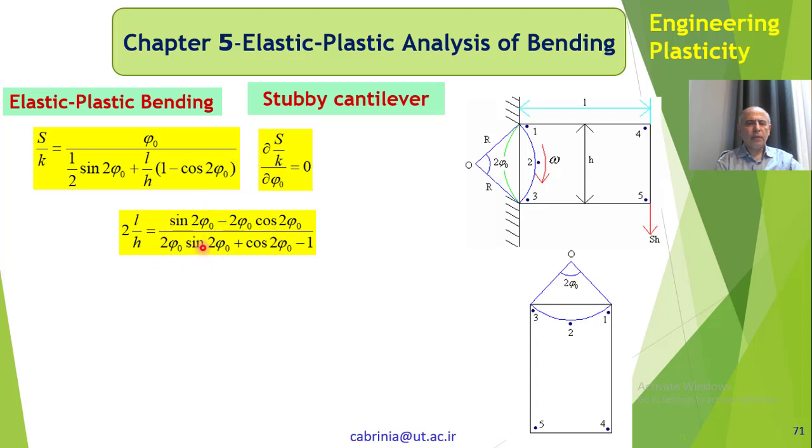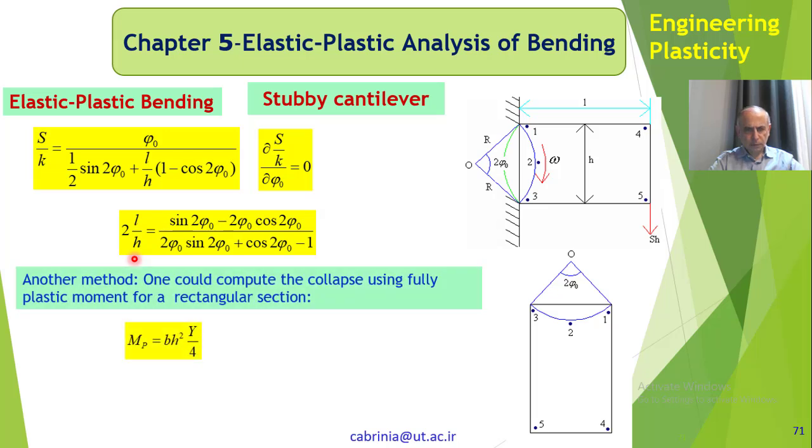That is the value I obtain if I do partial differentiation of S over K with respect to phi naught, put it equal to 0, then do some simplification, I get this relationship in terms of phi naught, and that is L over H times 2.